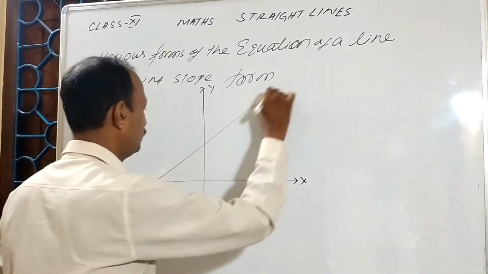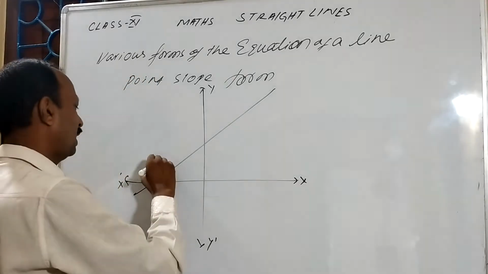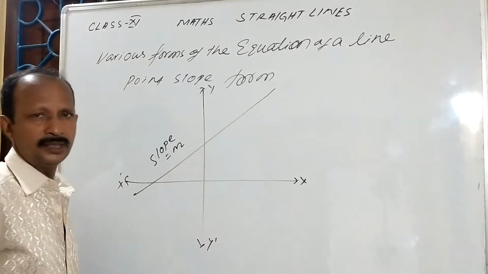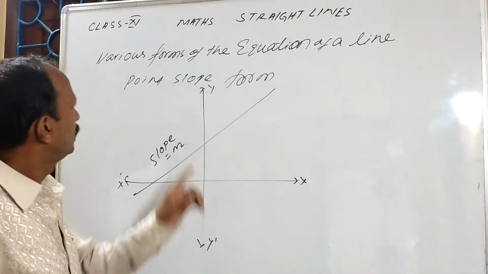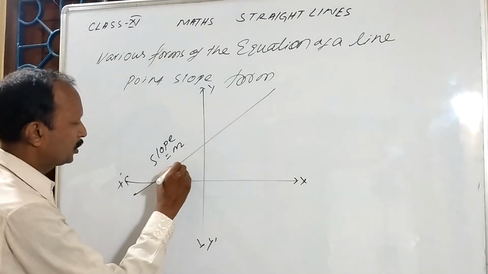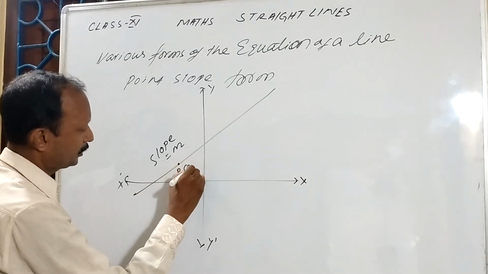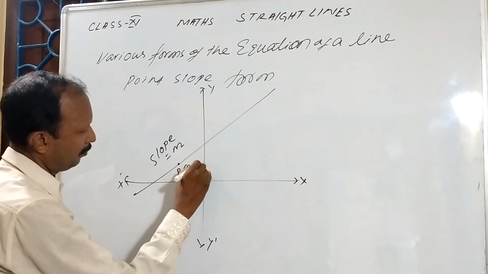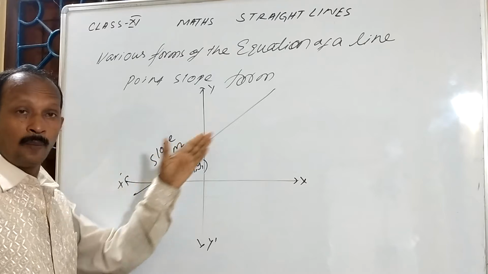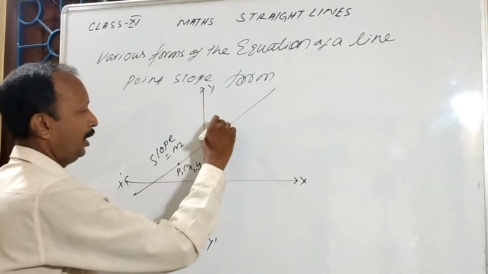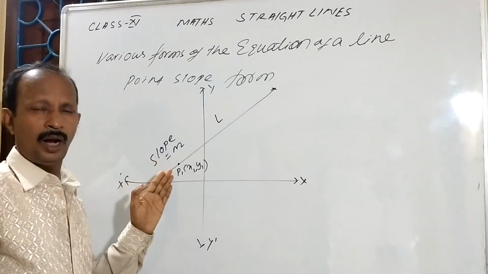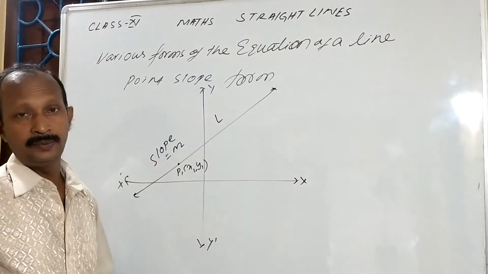One line is given, suppose the slope of the line is given, equal to m, and one point is given. Suppose you think that P1 is the point x1 comma y1. So the slope of the line is given, and one point is given.